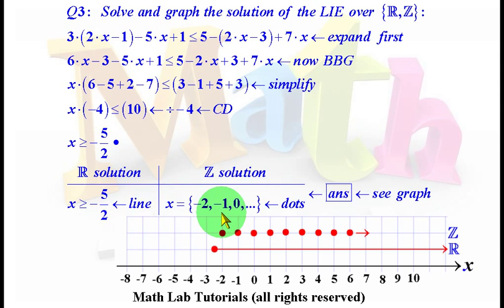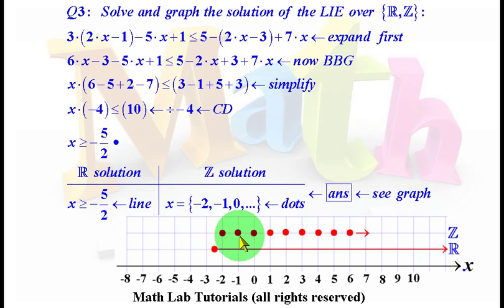Now we turn our attention to the integer solution. Well, for the real numbers, we could start at negative 2.5. But for the integers, we need to start at negative 2 because negative 2.5 is not an integer. So we start off at negative 2 and go through all the integers to the right of negative 2.